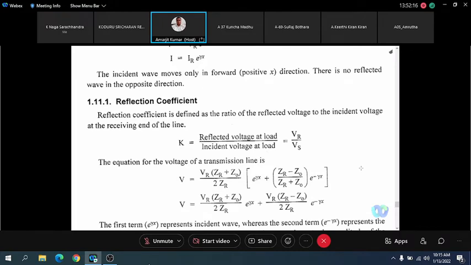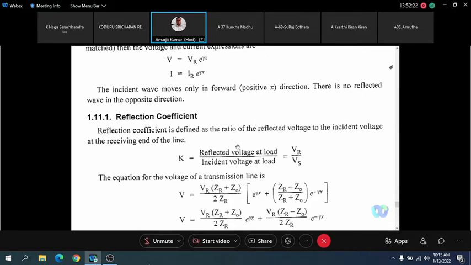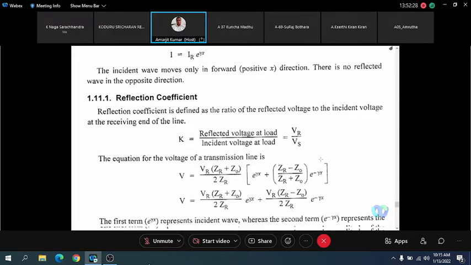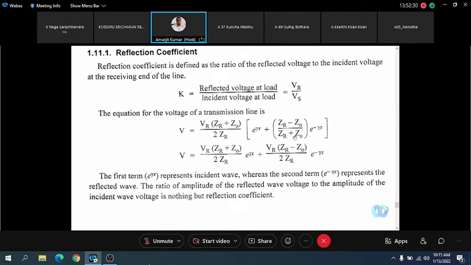So that is the reflection coefficient at the receiving end of the transmission line. If you represent it as K, it is the reflected voltage divided by the incident voltage, and you have the expression for voltage here. So what will be VR upon VS? The ratio of the reflected voltage at the load to the incident voltage at the load.